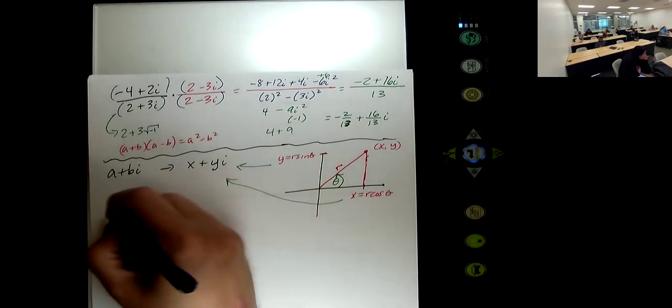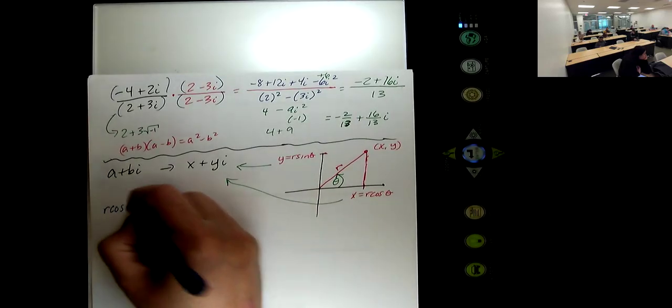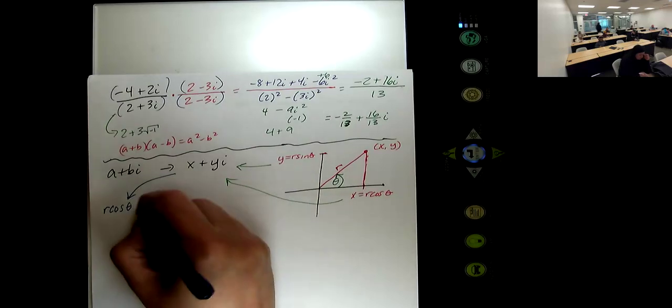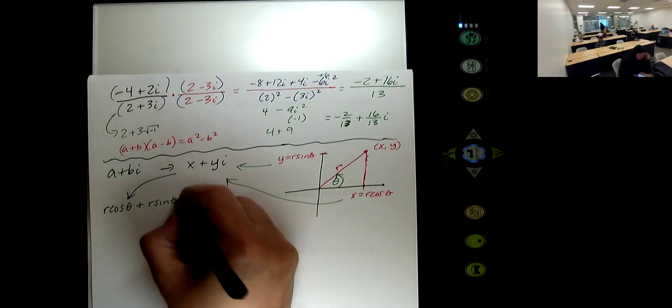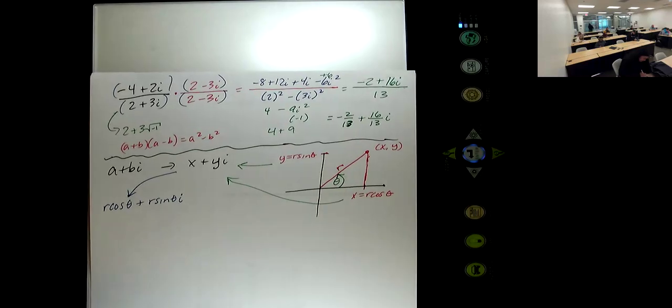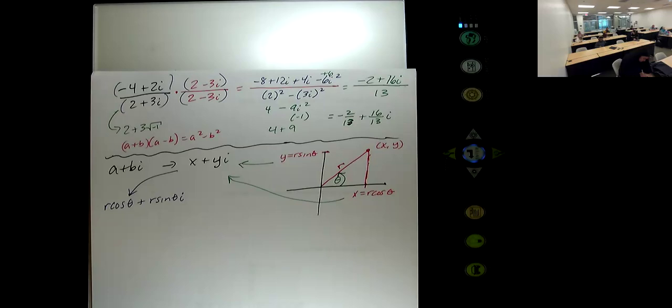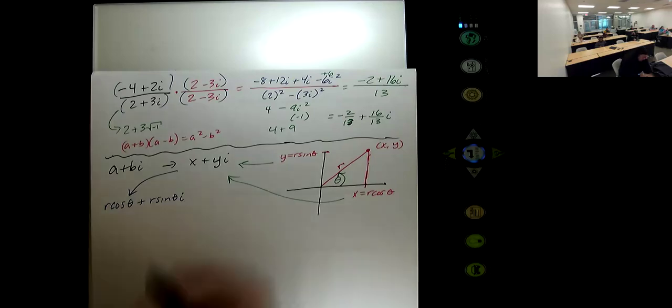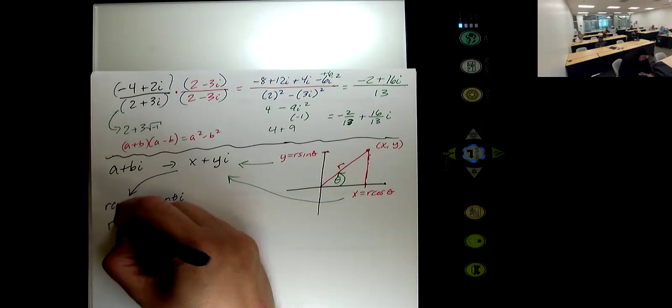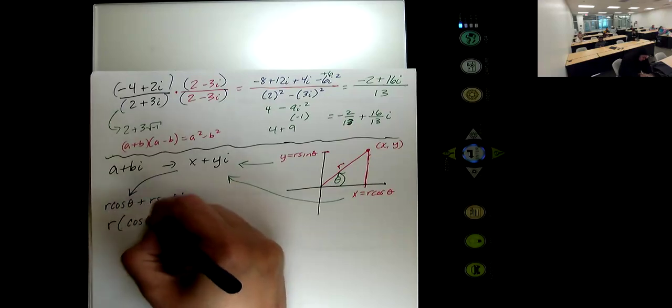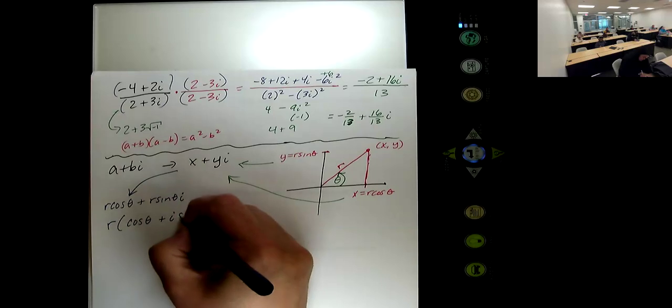If I do, I've got R cosine theta plus R sine theta times I. So the way we tend to write it is we factor out the R, and we put the I in front of the sine theta.